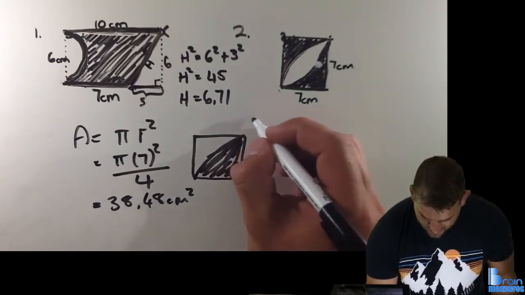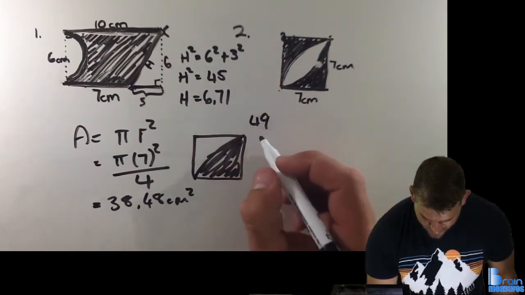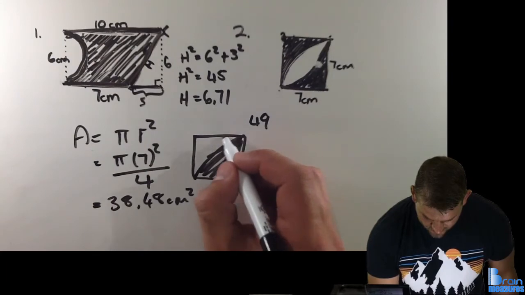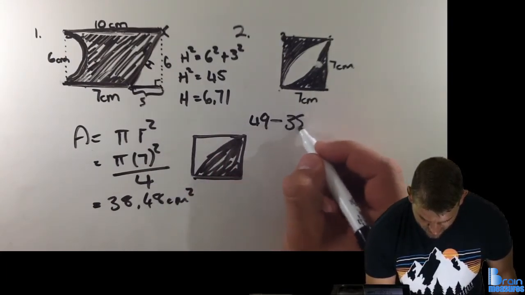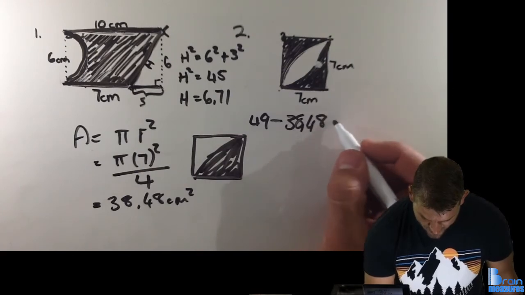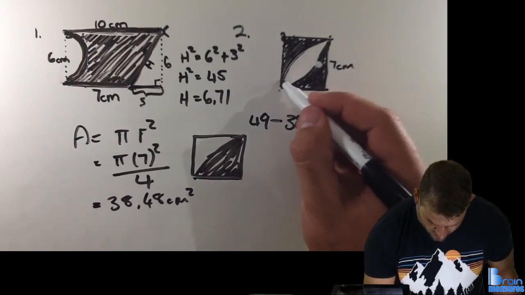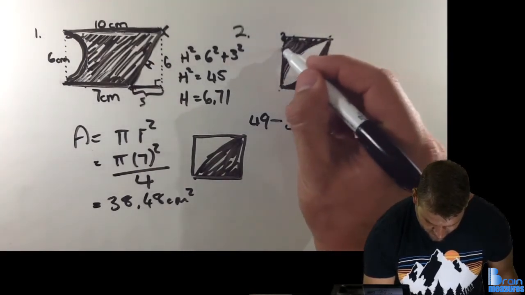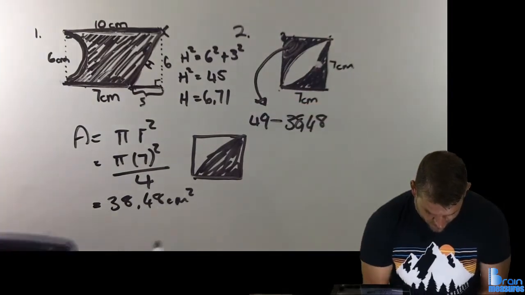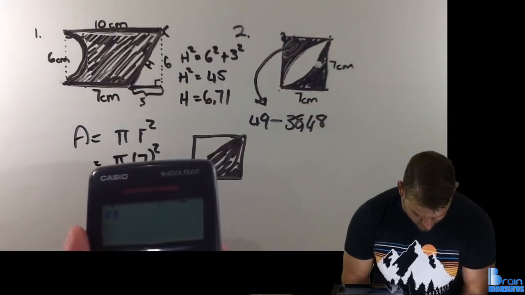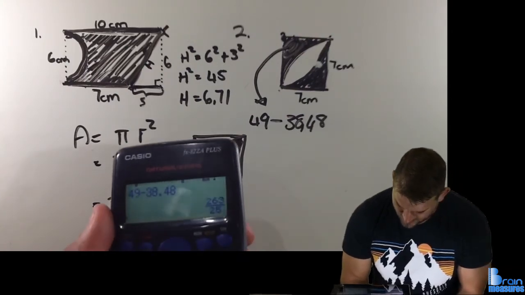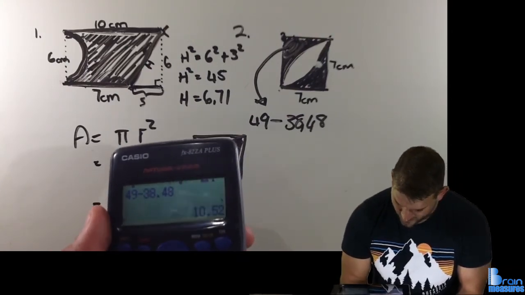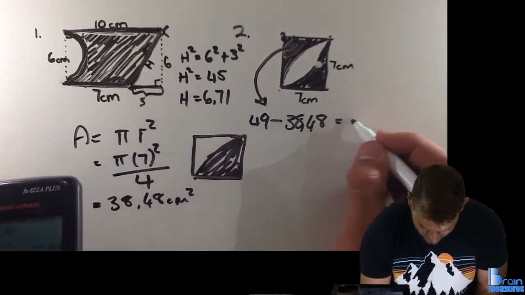If I now say, right, 49, which is the area of this whole square, minus 38.48, I will actually get the area of this little bit here. So if I say 49 minus 38.48, I get an answer of 10.52.